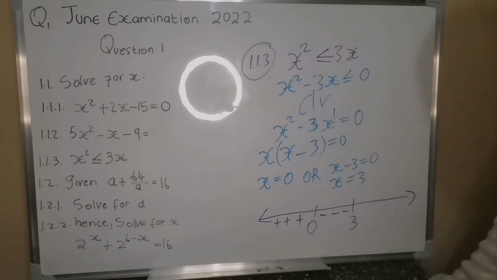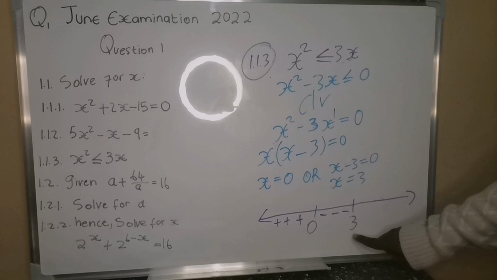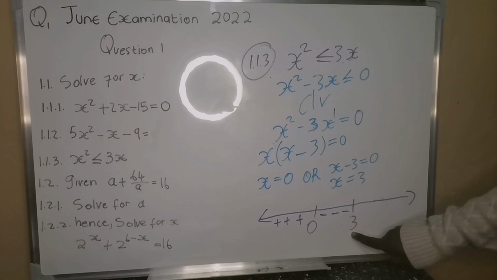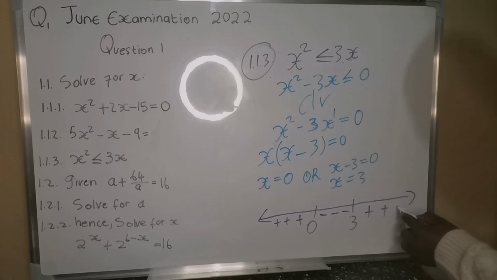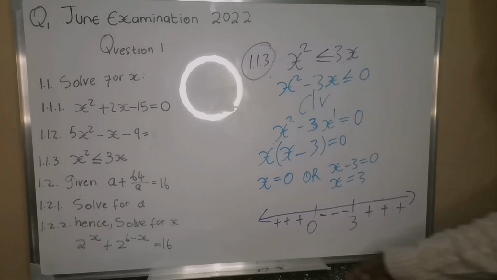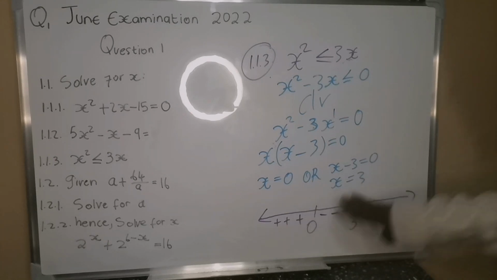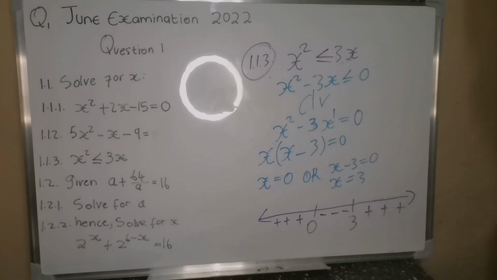The values bigger than our second root, which is 3, are also positive. So we only find negative values between our two roots. This applies to all inequality questions. Just memorize this rule for the number line, and you will get it correct in the examination.